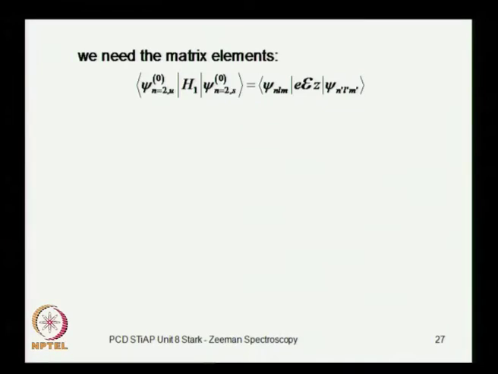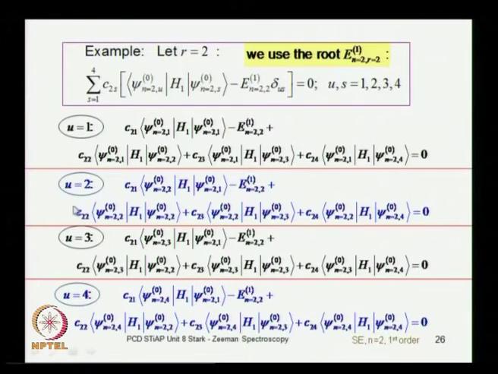We are illustrating this example for r equal to 2, and solving these equations will give you the coefficient c, and you notice that in this system of equations you have the matrix element of H1, which is the perturbation Hamiltonian, in the unperturbed states corresponding to n equal to 2, for all those 4 degenerate states.